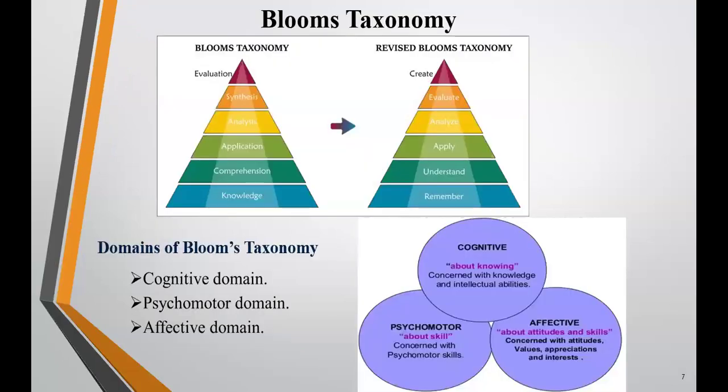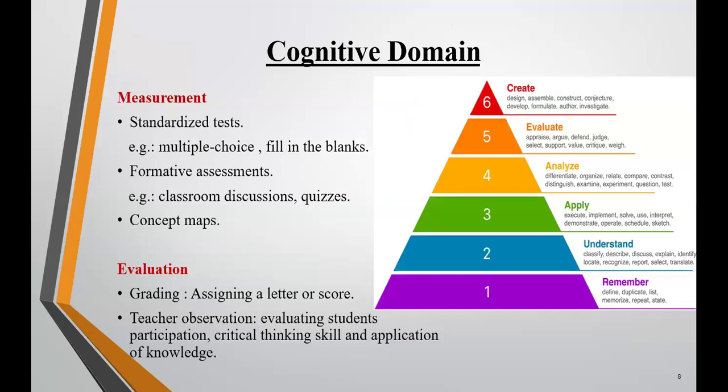Thank you, Shafana. Bloom's taxonomy comprises 3 learning domains. They are cognitive domain, psychomotor domain, and affective domain. Let's go through them one by one. Cognitive domain: recall or recognition of knowledge and the development of intellectual abilities and skills is known as the cognitive domain.